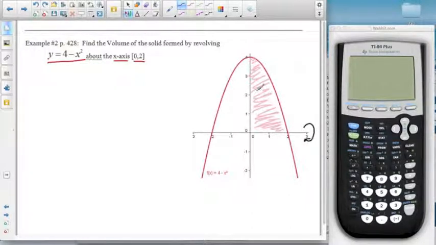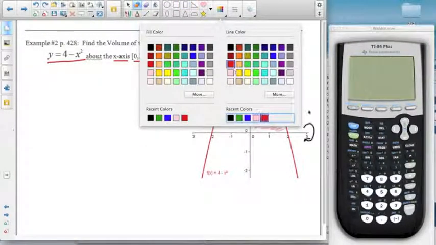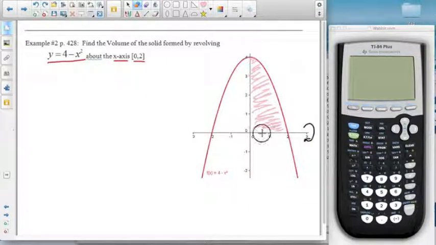And then I want to draw my incremental rectangle and get the dimensions set up on that rectangle. So if we look at that incremental rectangle, it might look something like this. We know it has to be a vertical rectangle. We know we need our dx along the horizontal axis. So we can now label our incremental rectangle.